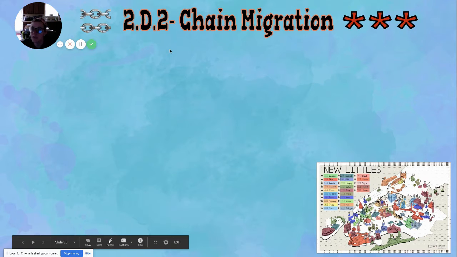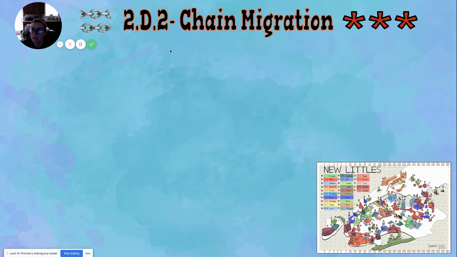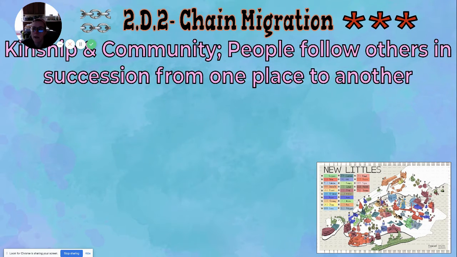Moving on, we got chain migration. All right, chain migration. Pay attention to this, guys, because this is highly political. Kinship, family, knowing people. What ends up happening here, and notice I put the 3 asterisks because this is super, super important, people follow each other in succession from one place to another. You notice the image down here too, of Manhattan and New York, the boroughs.